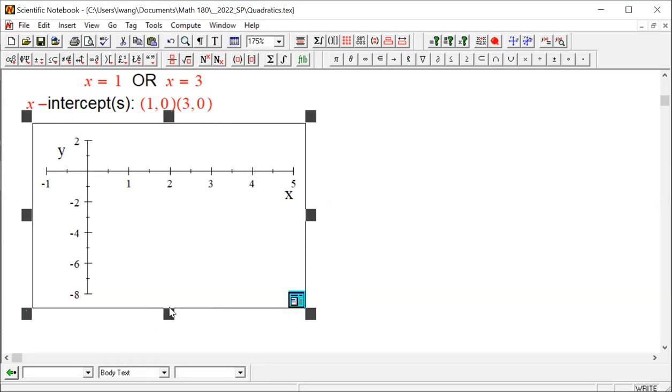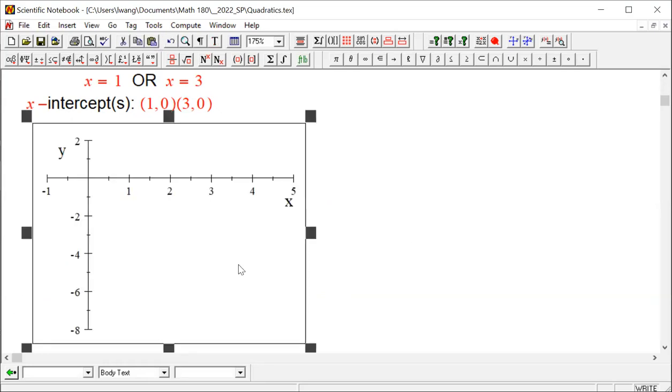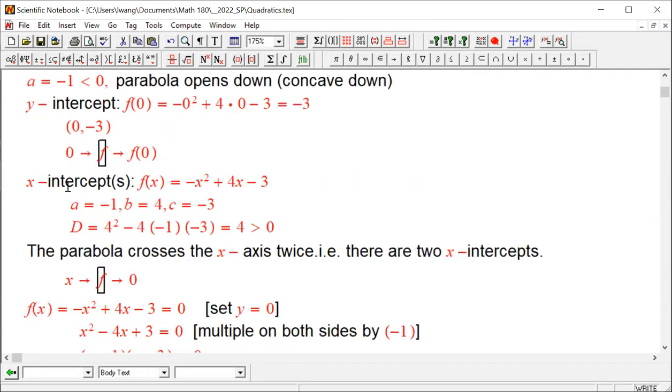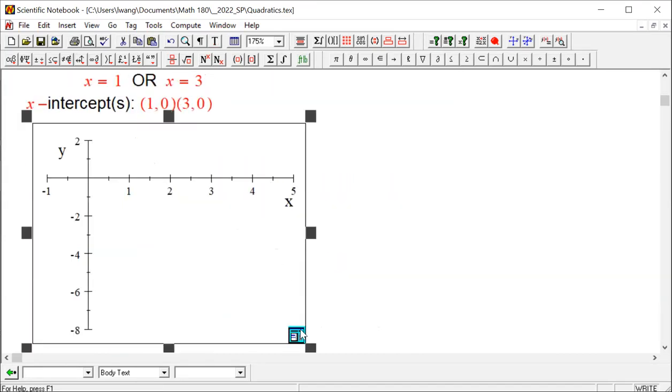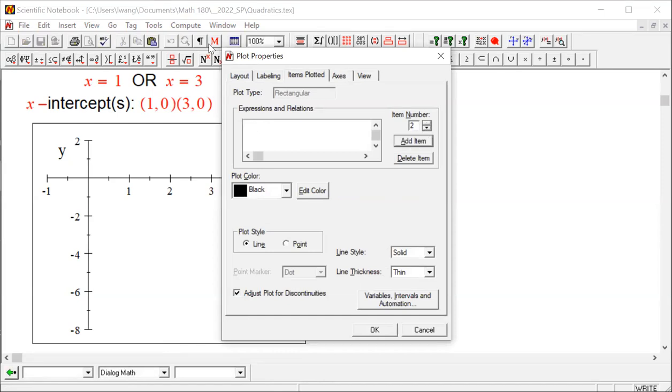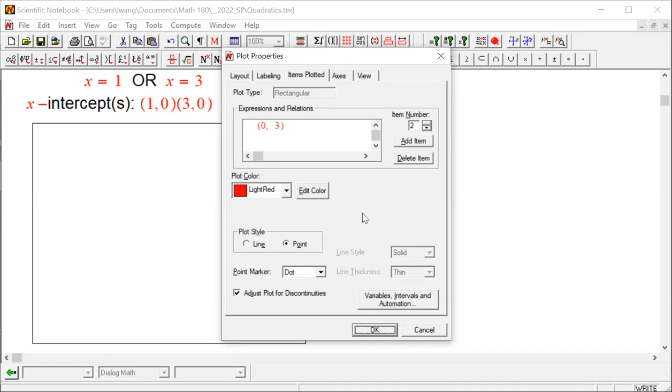And in this situation, of course, we're going to put the points. The x-intercepts, we have 2 points. How about the y-intercept? The y-intercept, we have (0, -3). I'm going to put the y-intercept in place, and I'm going to make it a red dot.